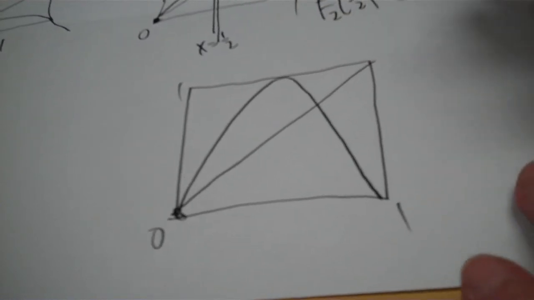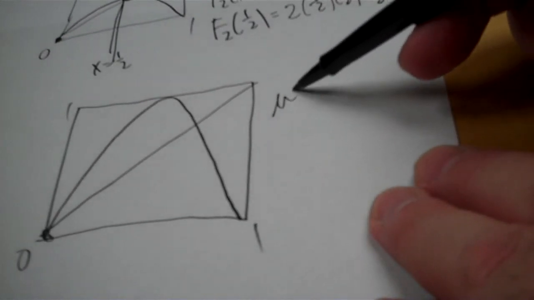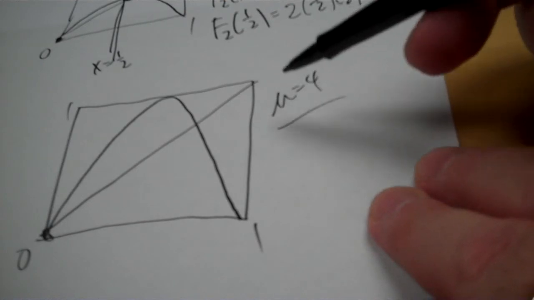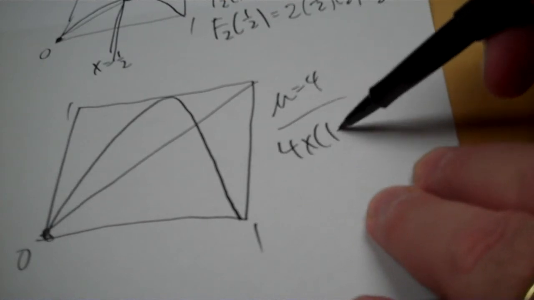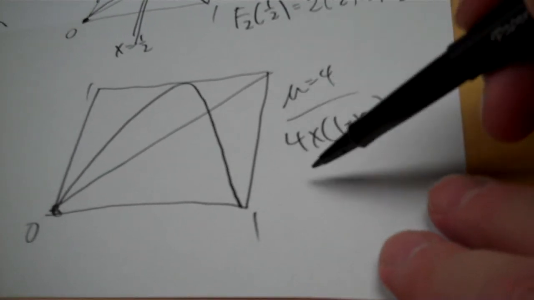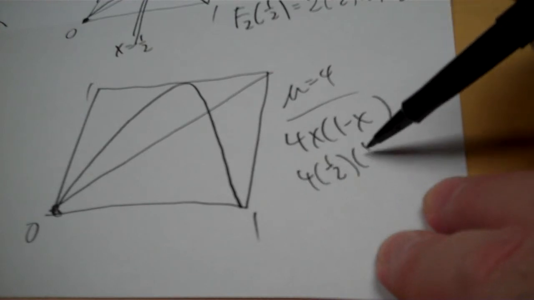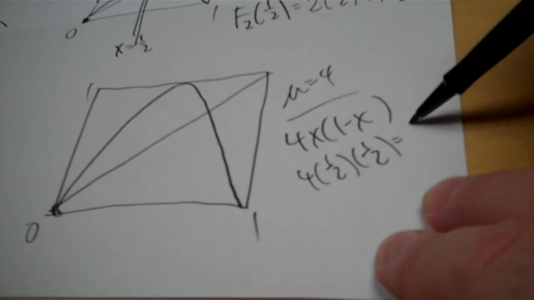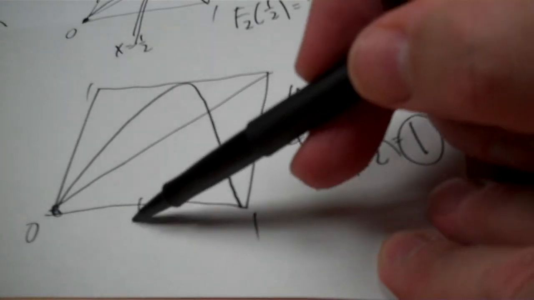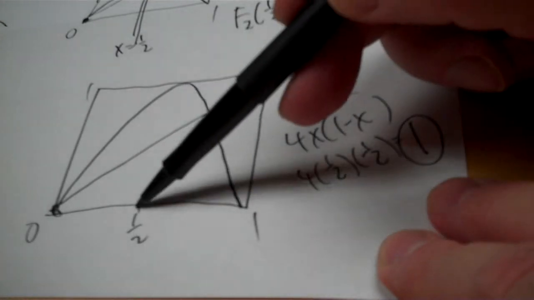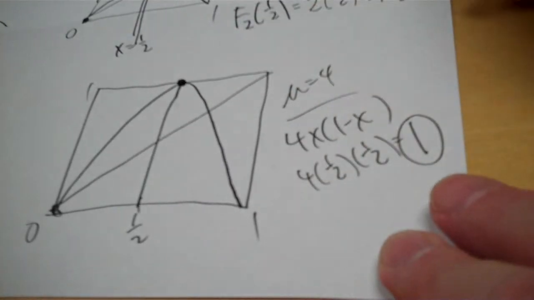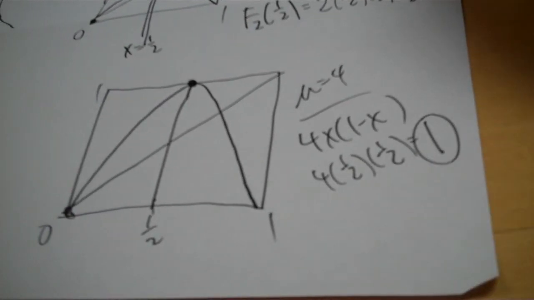Well, you can verify relatively easily that mu equals 4 is exactly where that happens, because if you have 4x(1 minus x) and you plug in a half, you get 4 times a half times a half, which is exactly 1, which means the y value when you plug in a half comes up there and bumps your head on the ceiling.